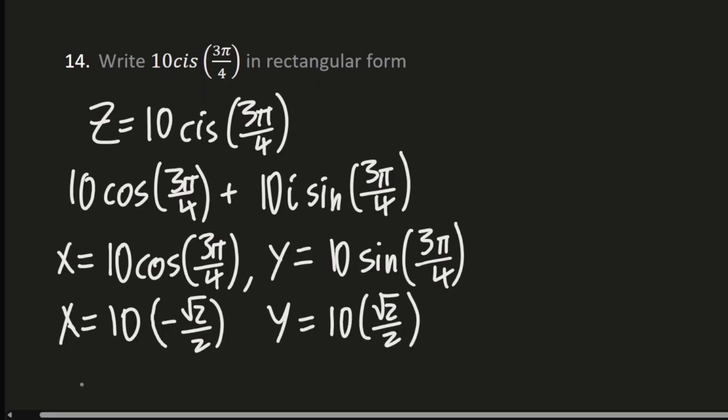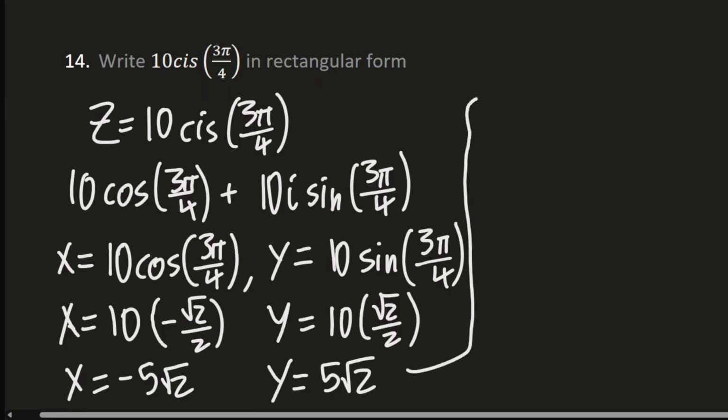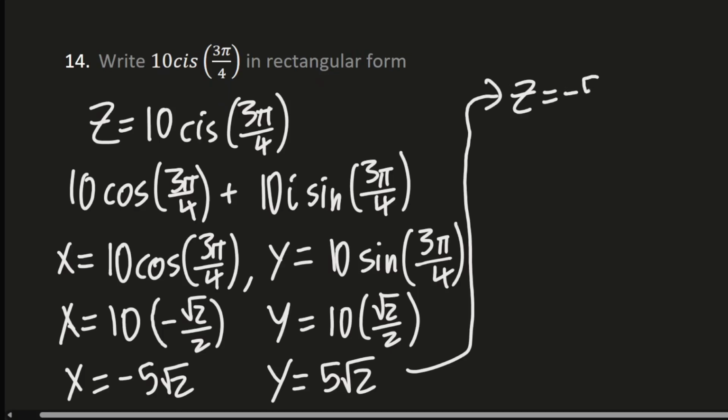And so x becomes negative 5 times the square root of 2, and y becomes 5 times the square root of 2. And so the final equation becomes z is equal to negative 5 square root of 2 plus 5 square root of 2 i.